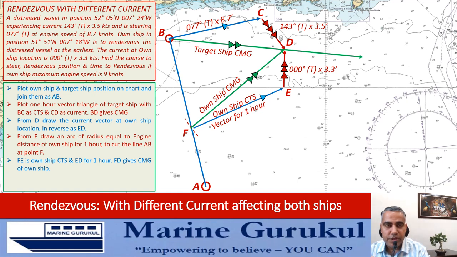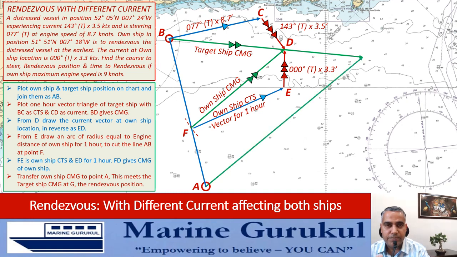Now we transfer the own ship course made good to our initial position A, Alpha. Once we transfer the course made good vector to our initial position A, we see that this meets the target ship course made good at a certain point.